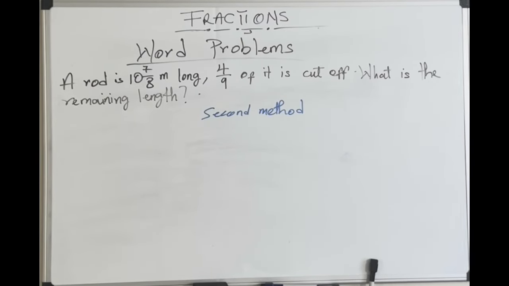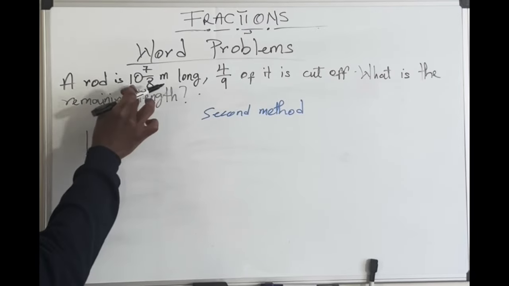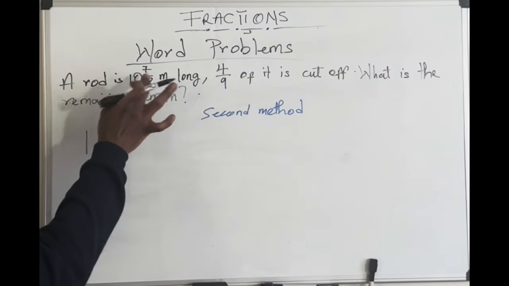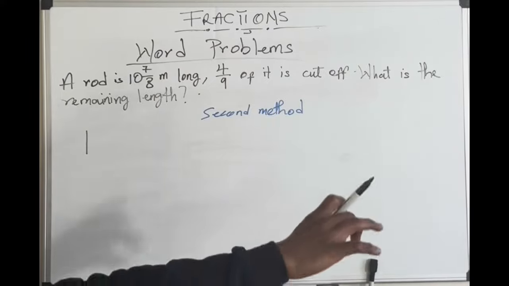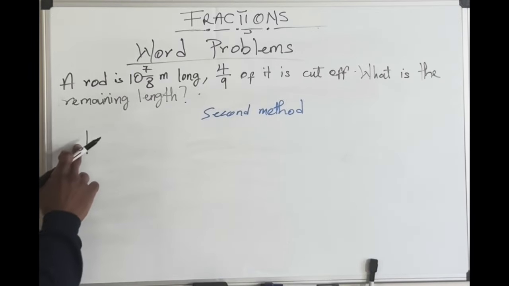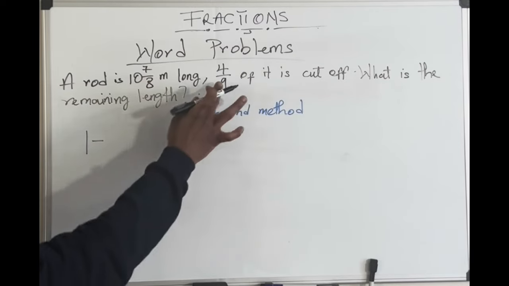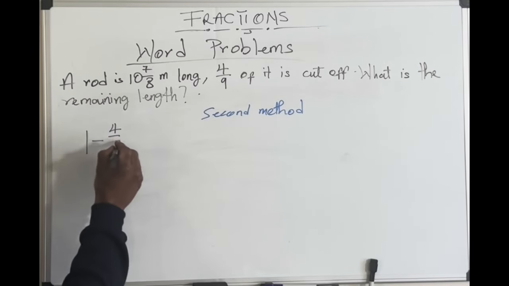Okay, so with the second method, we will represent 1 whole number as the one full rod, so 1. And then we will subtract 4 over 9 from it.